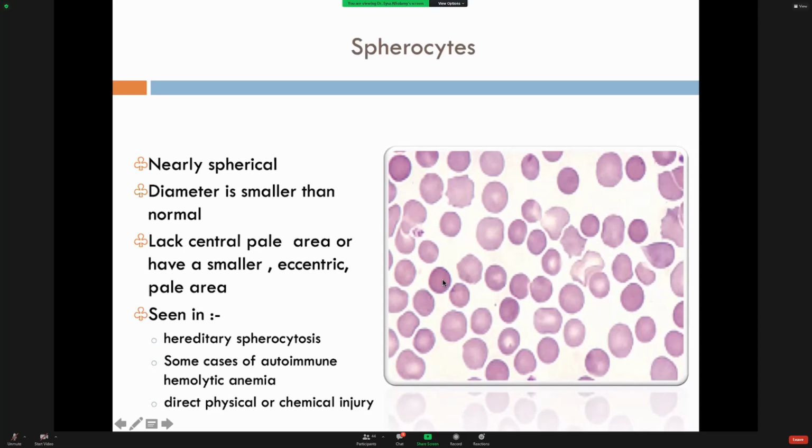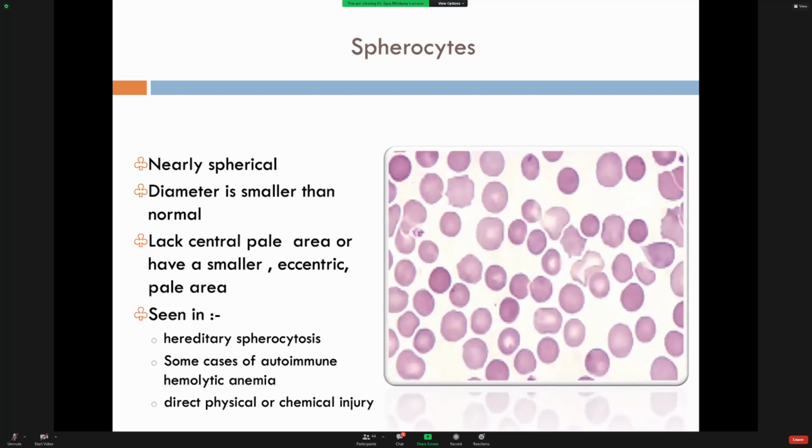There is no central pallor. Smaller, with an eccentric pale area; sometimes the pale area is eccentric, at the edge. Commonly seen in hemolysis: spherocytes in hereditary spherocytosis, from the name, and autoimmune hemolytic anemia, and direct physical or chemical injury, such as burns.